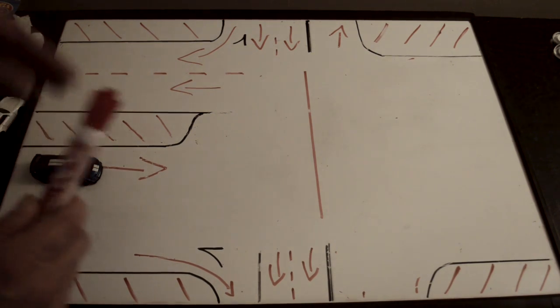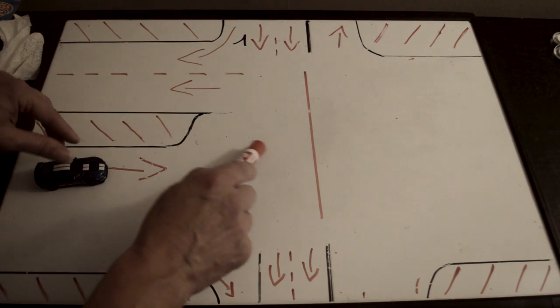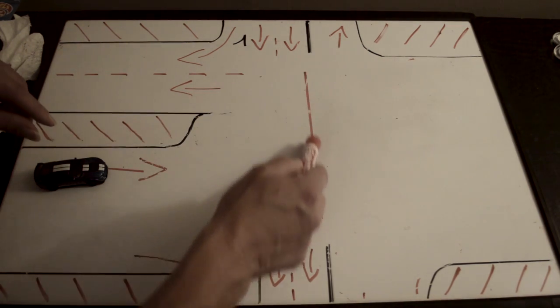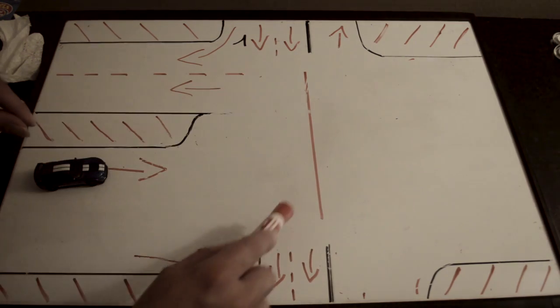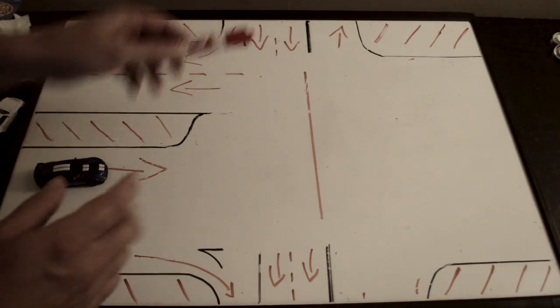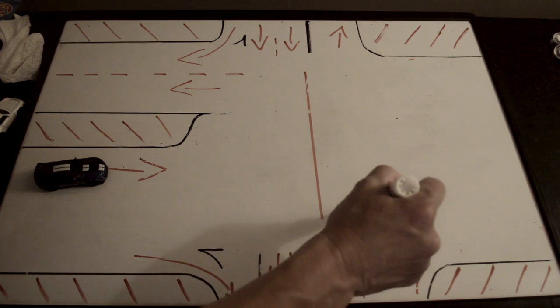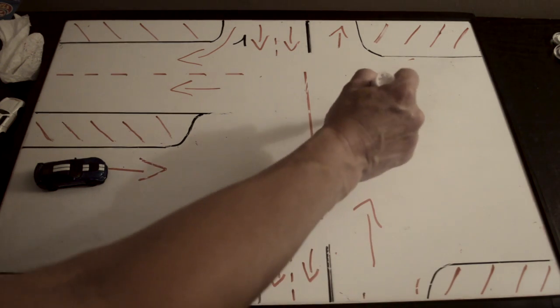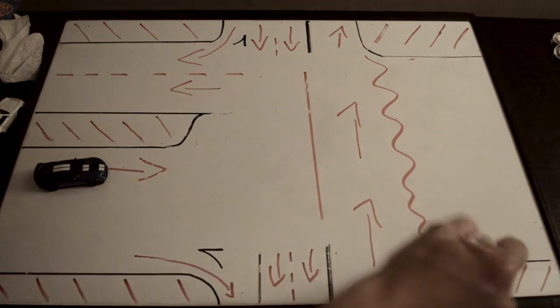So in this intersection there's a road coming up this way, and it's just a 3-way intersection. So there's a road that is there we go, we'll do that.